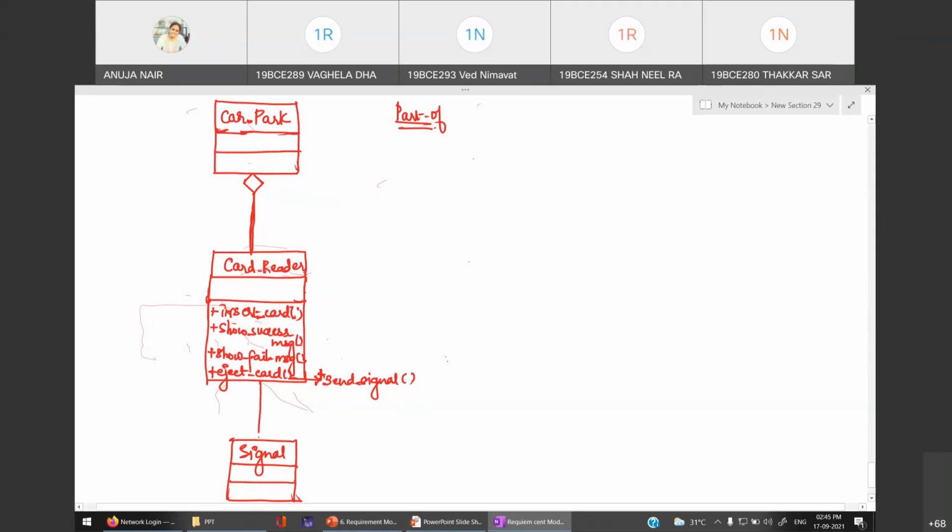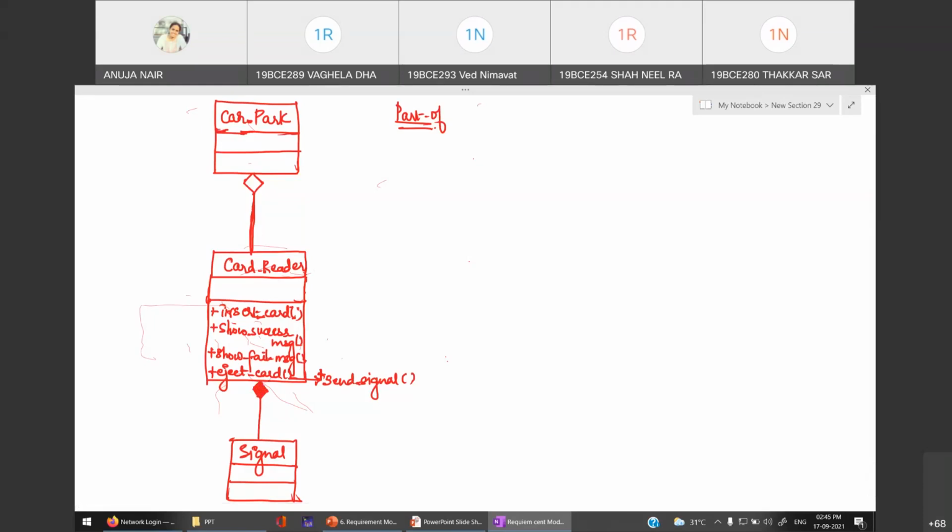Will the signal have any significance without the card reader? No, right? So I'll put what? A composition, which is a filled diamond. Right?